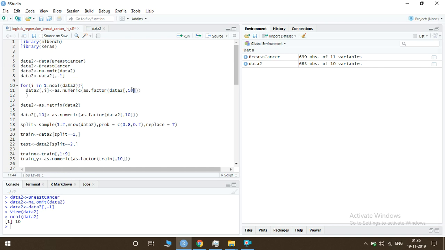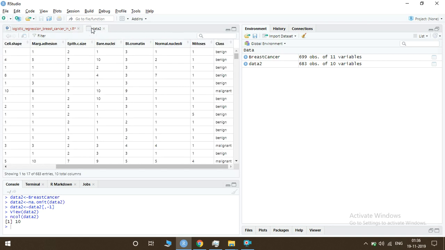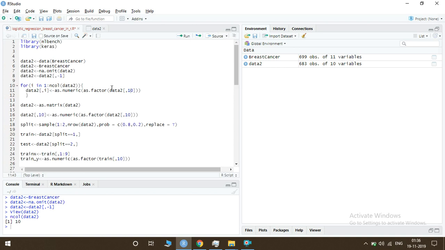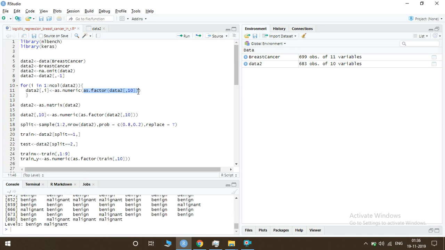If I type 10, all right, the 10th column is of character format, and we would convert it into a factor, so it would show that it has two factors. Let's see what it gives. Okay, so it has given us levels as benign and malignant.